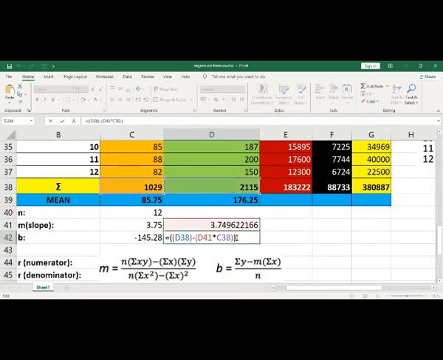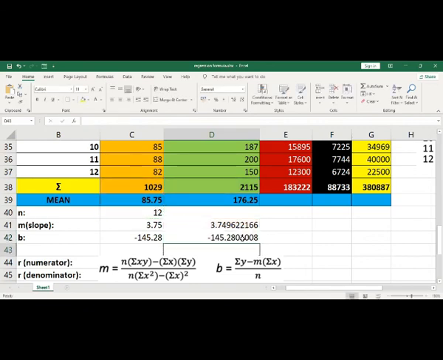Sorry, hindi pa pala tapos. Ulitin natin. So that is ang slope times the summation of x. Then dalawang close parenthesis divided by n, which is 12.